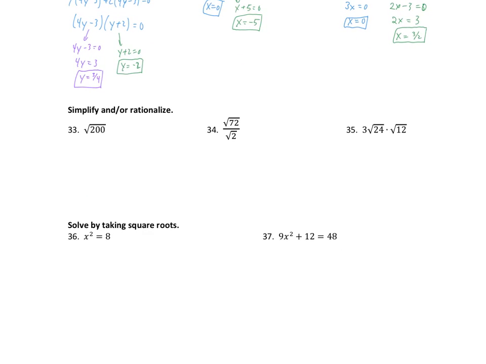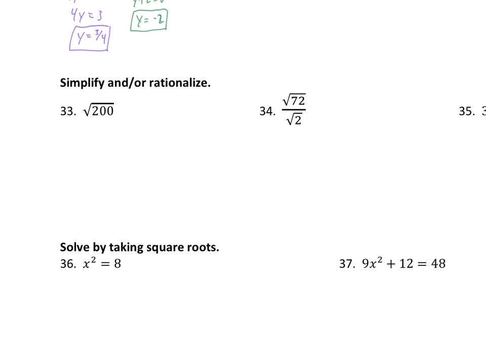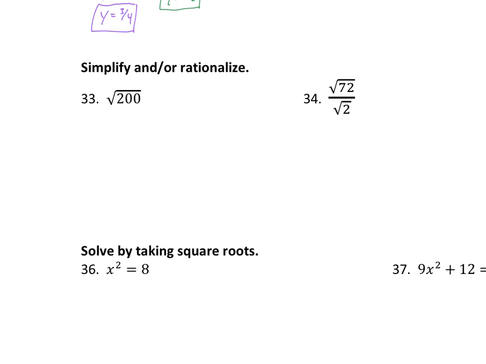Let's see, simplify or rationalize. So we're going to be doing some sock method here on the square root of 200. So break it down. 2 times 100, which is 2 times 50, which is 2 times 25, which is 5 times 5. Once it's all broken down, you go looking for pairs, since we're square rooting. A pair of 2's and a pair of 5's, and a lonely 2.